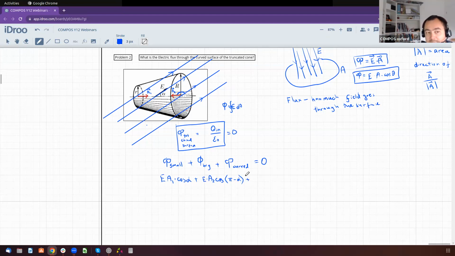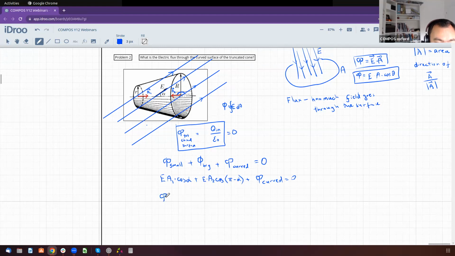It's a matter of choice; it doesn't matter which way you go about it. And cosine of pi minus alpha is minus cos alpha.